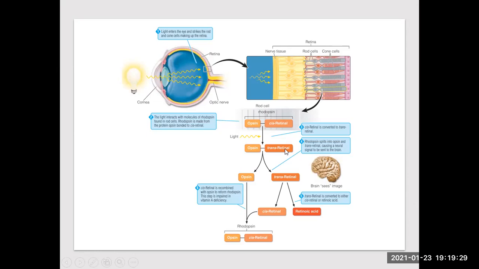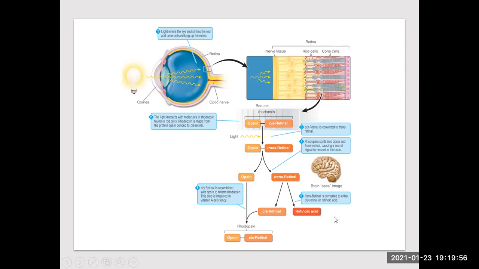Then trans-retinal will either change back into cis-retinal or change into retinoic acid. When it is changed to retinoic acid, we can no longer use it with rhodopsin. So only cis-retinal can be combined again with opsin to make rhodopsin.